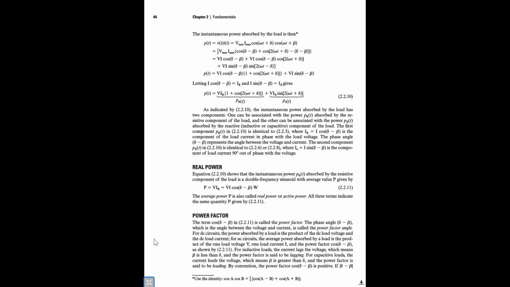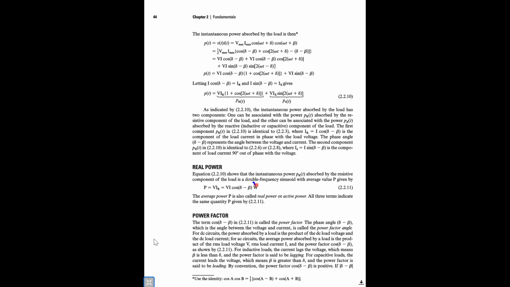And the reactive power is defined by Q equal VI sin(delta minus beta). The dimension of Q is var, and the dimension of the real power is watt.